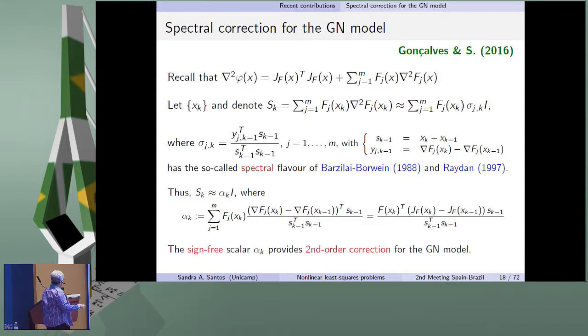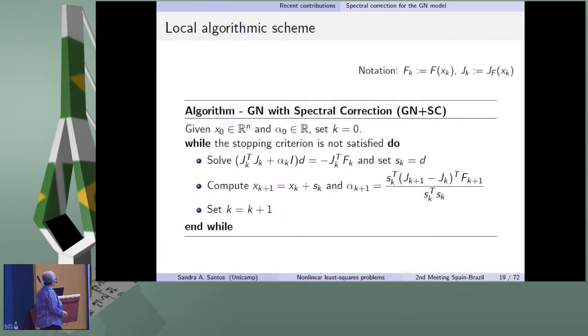As a result, our matrix Sk is indeed a scalar matrix in which this scalar alpha may be written with this expression or even in matrix form in this way. It's important to mention that this scalar is sign-free, is not non-negative like the Levenberg-Marquardt parameter, and it carries second-order information from the Hessians, and it provides a second-order correction for the Gauss-Newton method.